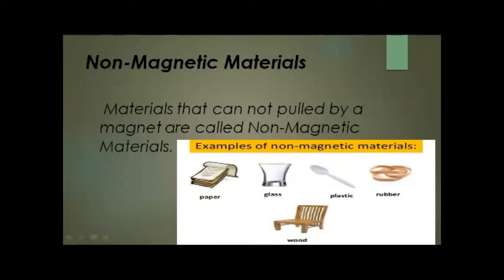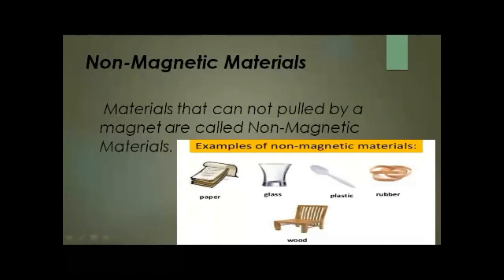Rubber is also an example of non-magnetic materials. It is not made from metal, so it cannot be attracted by a magnet. Wood is also an example of non-magnetic materials. So here are some examples: paper, glass, plastic, rubber, wood. These are examples of non-magnetic materials.